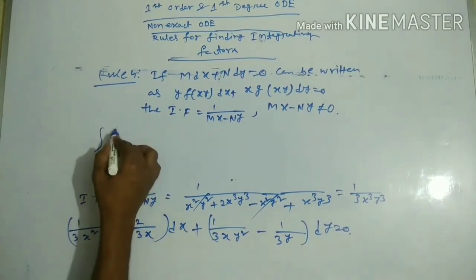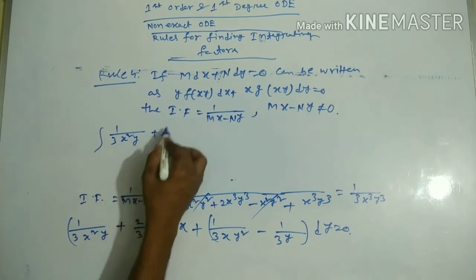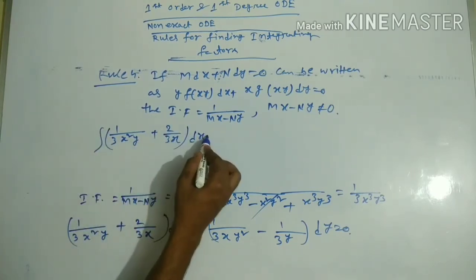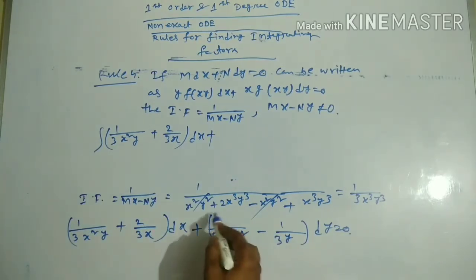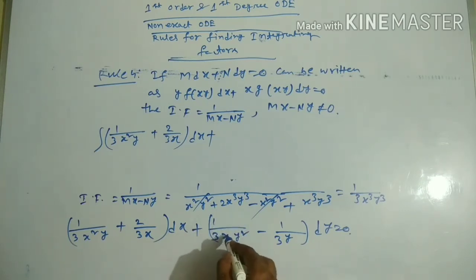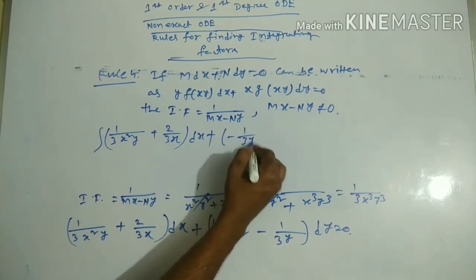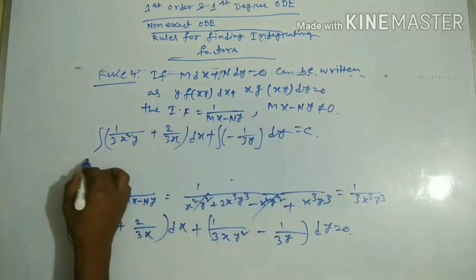Integration of M dx, that is (1/3)x²y + (2/3)x, integration M dx, plus integration of N. But here you can see that in this term x is contained, so we will not take this term. This term is not containing any x, so we will take only this term, that is minus 1 by 3y dy equal to c.